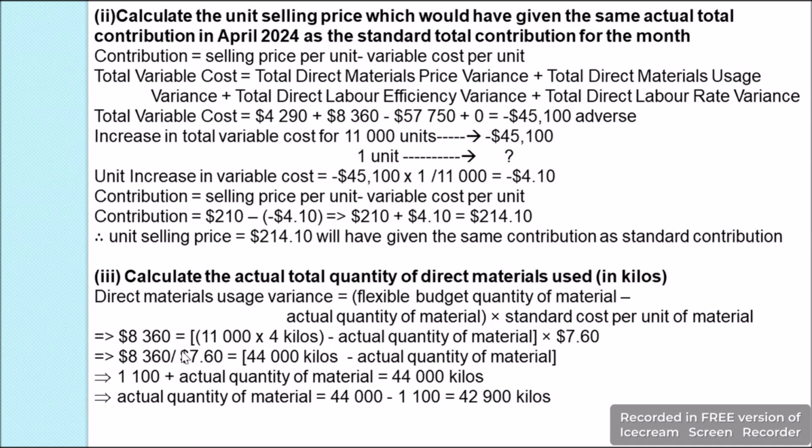So if we take this to the other side, it will be in addition, plus actual quantity of material will be equal to 44,000 kilos. Now if we bring this 1,100 to the other side, it will be in subtraction. So actual quantity of material will be equal to 44,000 kilos minus 1,100, which will be 42,900 kilos.